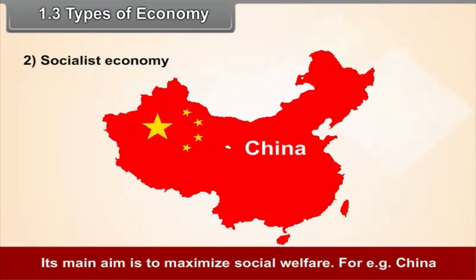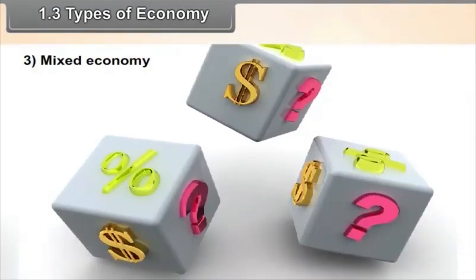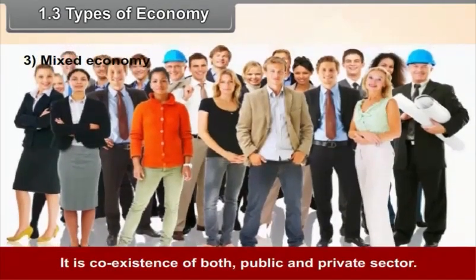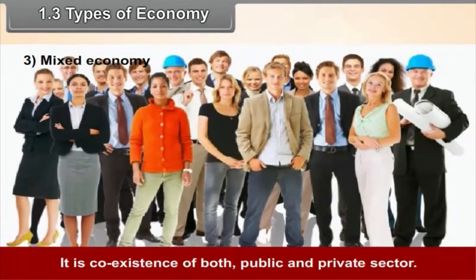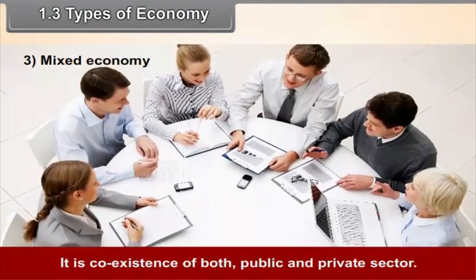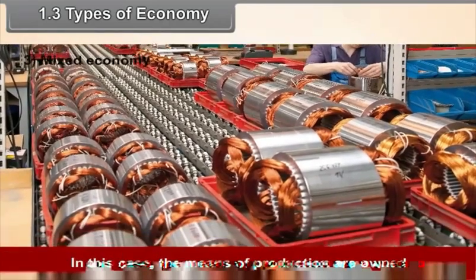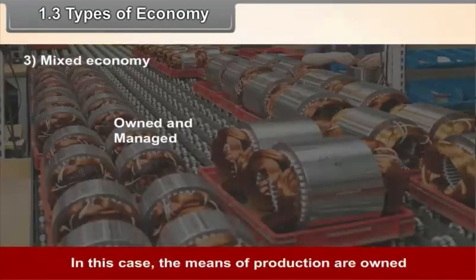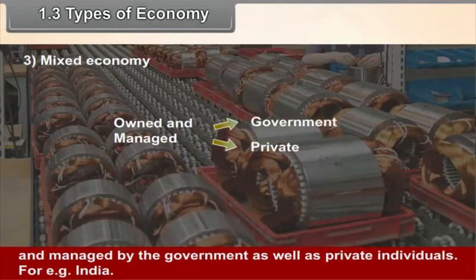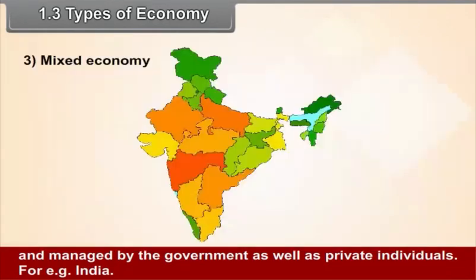For example, China. 3. Mixed economy. It is a coexistence of both public and private sector. In this case, the means of production are owned and managed by the government as well as private individuals. For example, India.